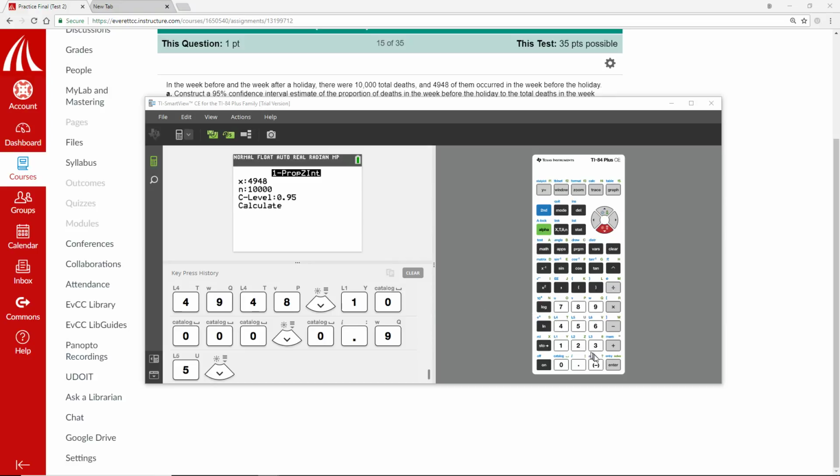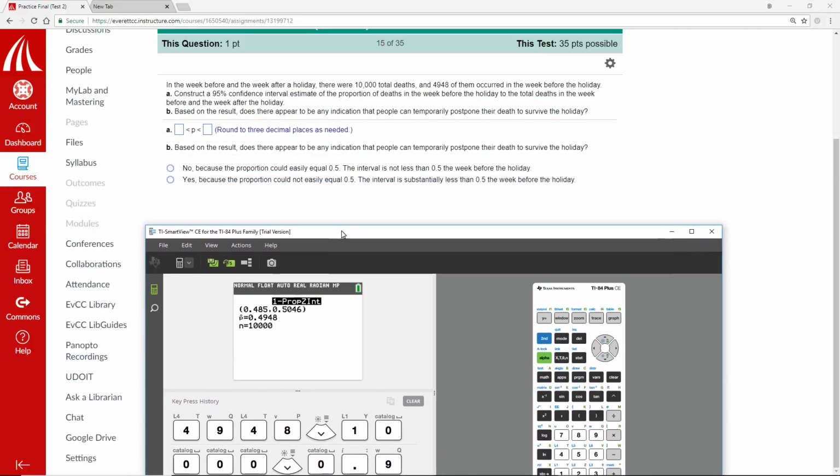So let's hit calculate in our confidence interval. Okay, look at that. We have a confidence interval for the proportion of deaths based on the sample. It turns out to be 0.485 and 0.5056. Well, 50% is inside this interval. In fact, this interval goes up to 50%, which basically means it does not really matter.